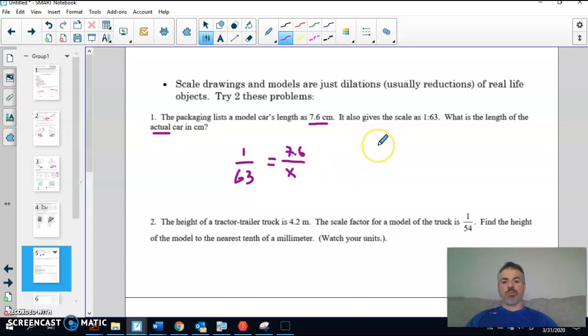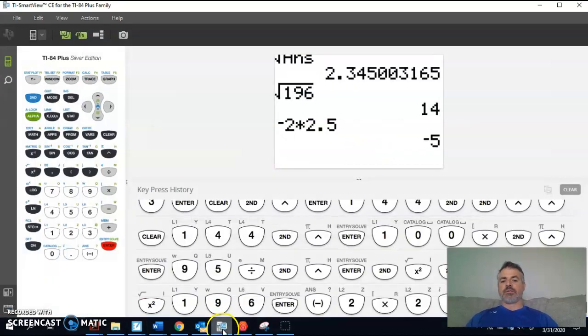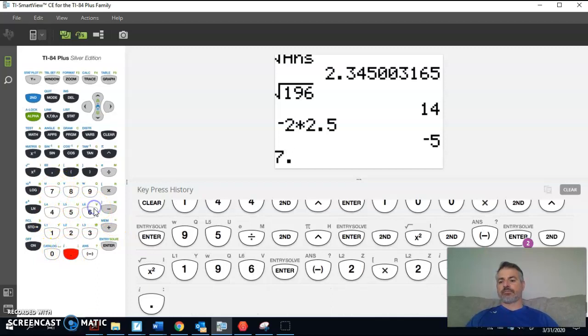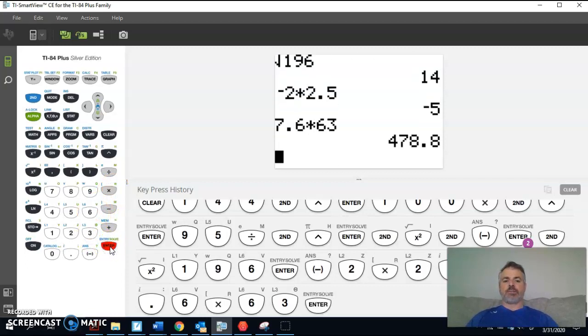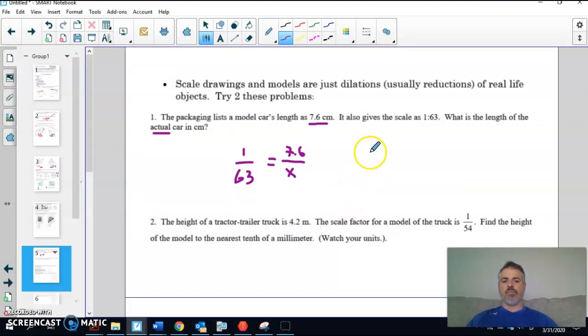So just kind of cross multiply those, and basically I do 7.6 times 63, and that'll give me the corresponding actual length. And that is 478.8, and that's in centimeters. Total 478.8 centimeters.